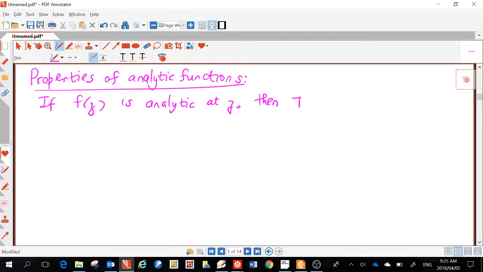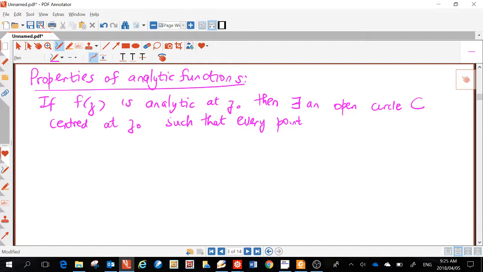Then there exists, this symbol means there exists, an open circle centered at z naught, such that every point in the open circle C, let's say, is analytic. And of course, differentiable.